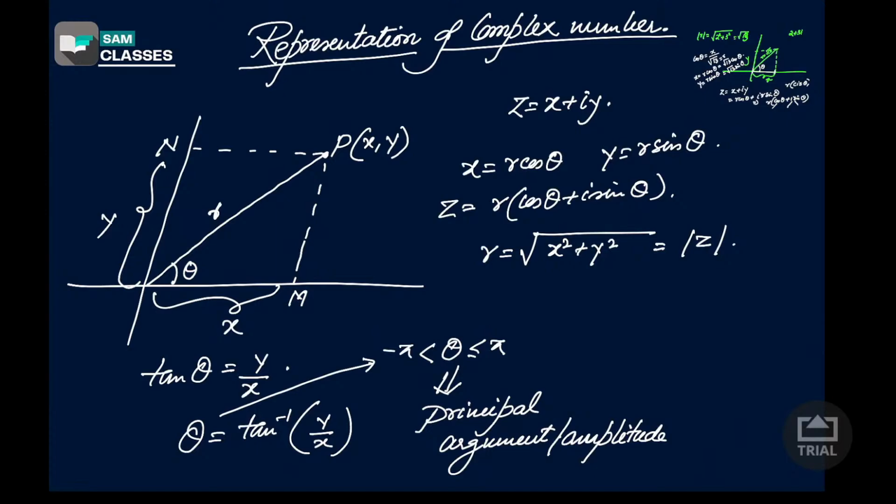And if I'm finding the angle tan theta and theta is lying between minus 180 degree to 180 degree, then we say it is principal argument. Clear everyone?